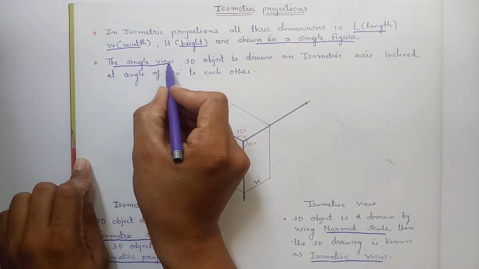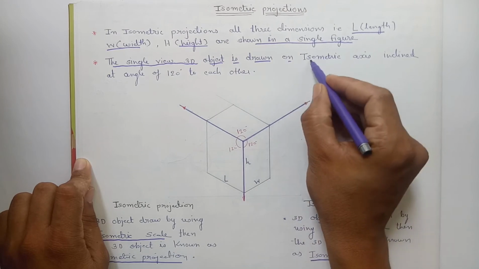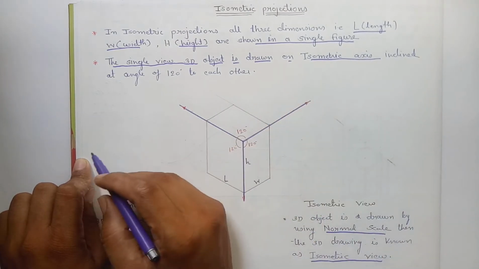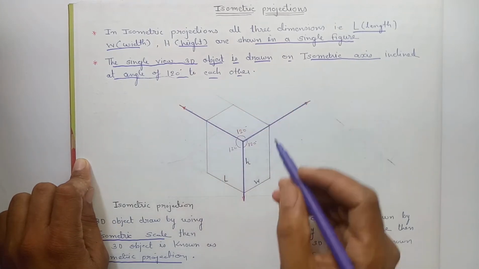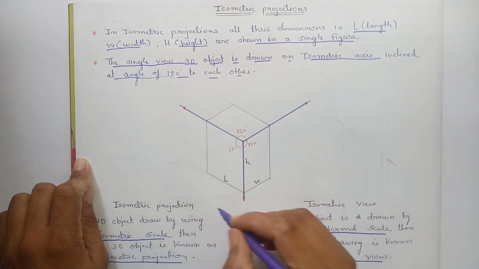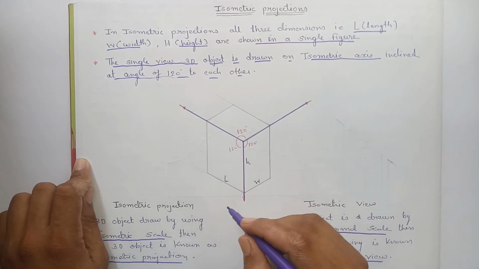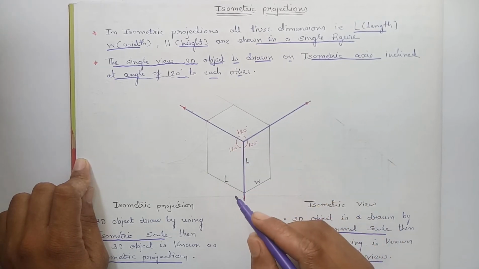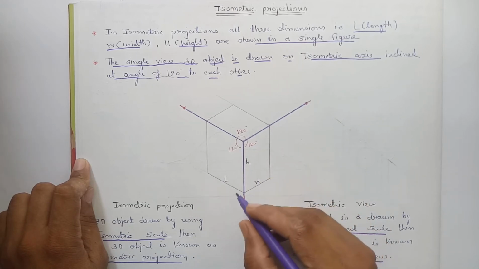The single 3D object is drawn on isometric axes which are inclined at an angle of 120 degrees to each other. As we can see, this cuboid, or the 3D figure of the cuboid, is drawn on the isometric axes. So let us discuss this cuboid.